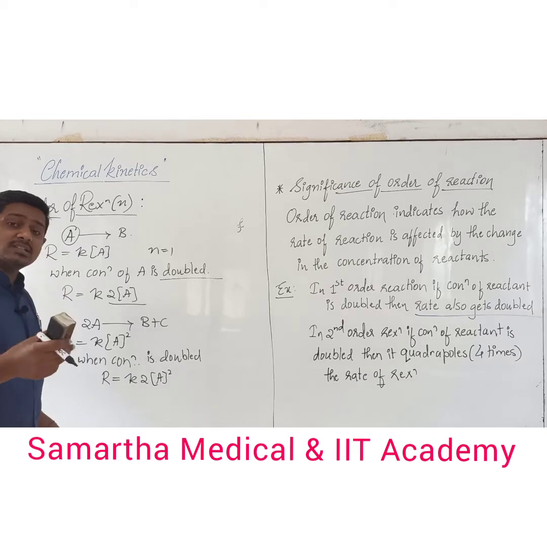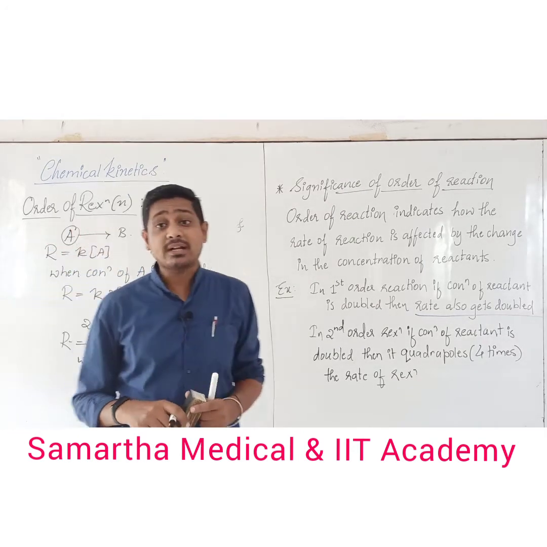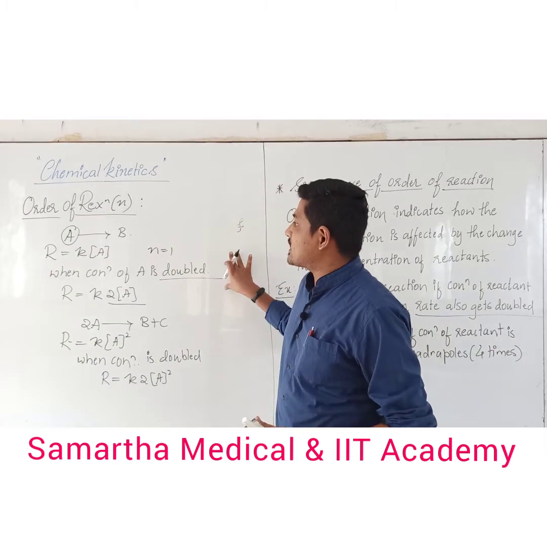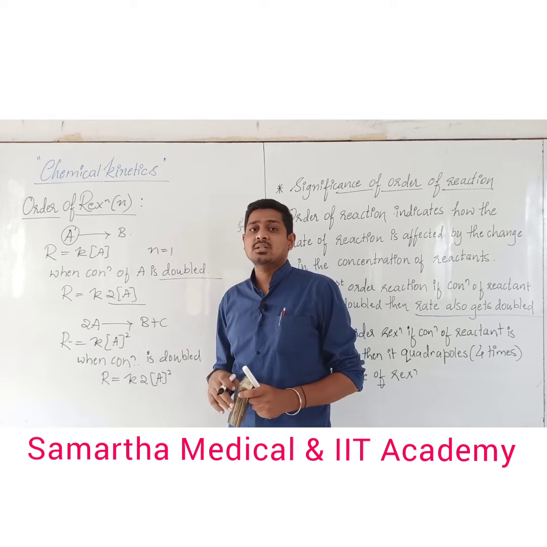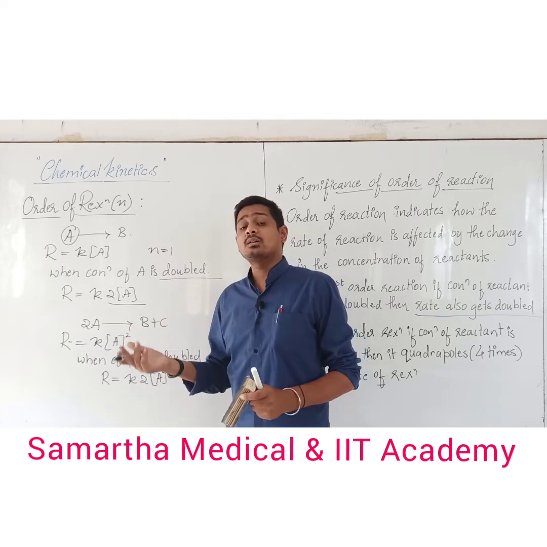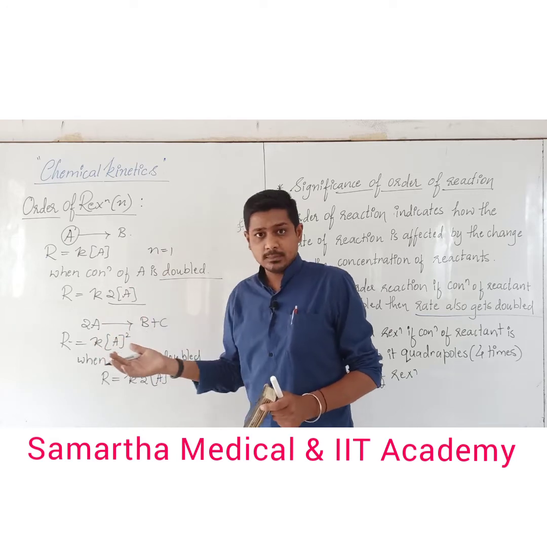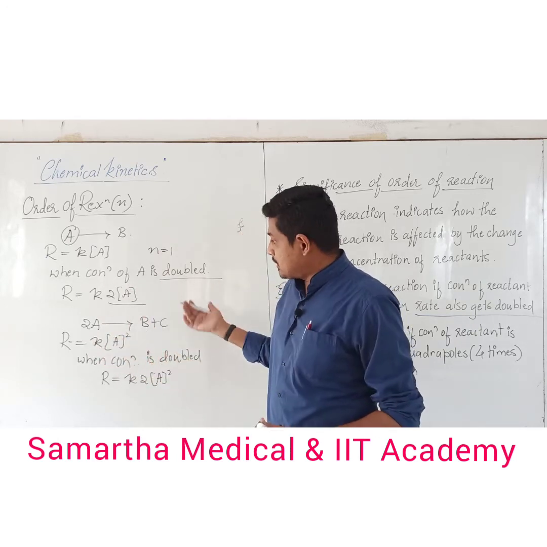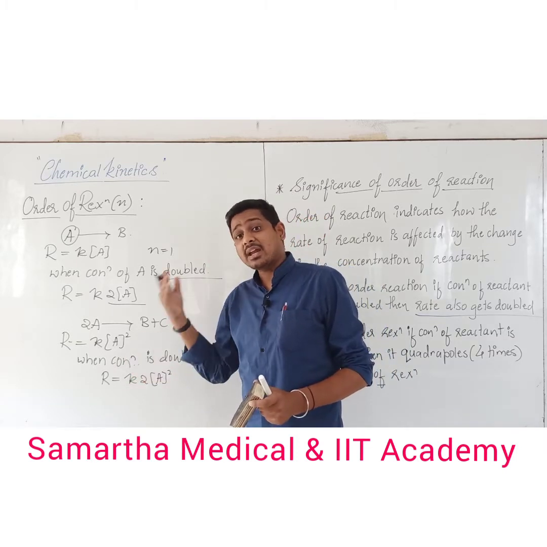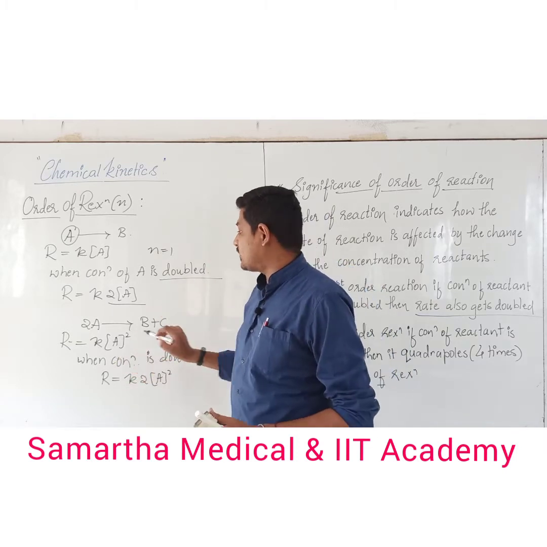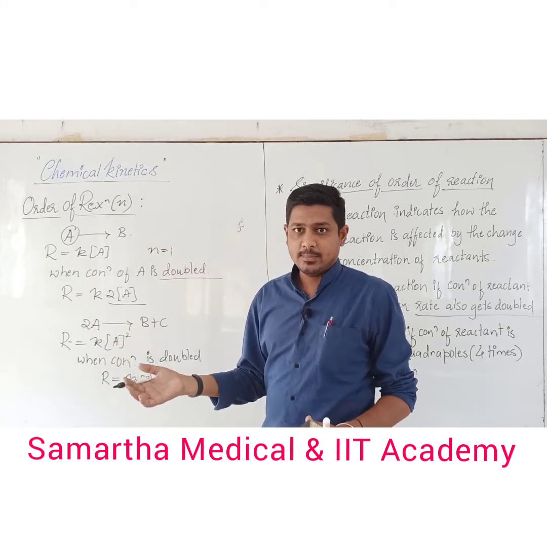Okay, so similarly, in the tricky questions, what you can expect in the examinations is they will say that there is a first order reaction and they have increased the concentration by 3 times. Then what will happen to the rate of reaction? Then the rate of reaction will also be tripled. Then similarly they will ask you, in a second order reaction the concentration of the reactant is tripled, then what will happen to the rate of the reaction?